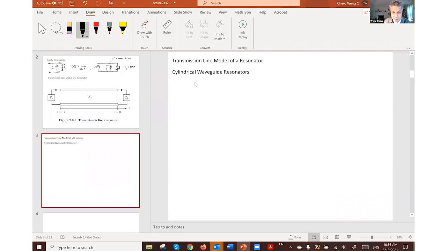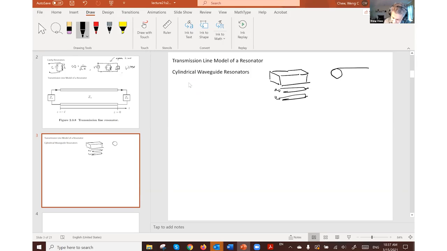Just a reminder, we now know that many things can be modeled as a transmission line. We have seen that when you have, say, a rectangular waveguide, you can actually model a rectangular waveguide as a transmission line as well as sections of transmission line.